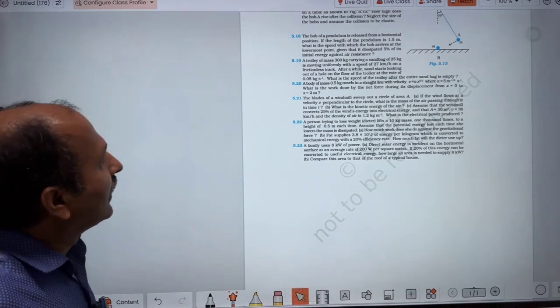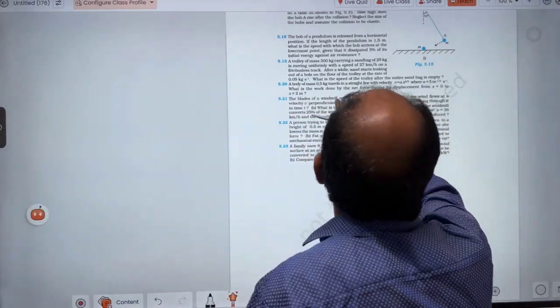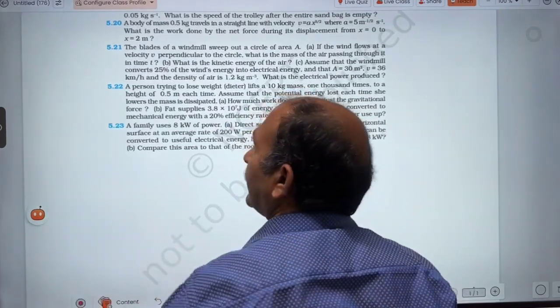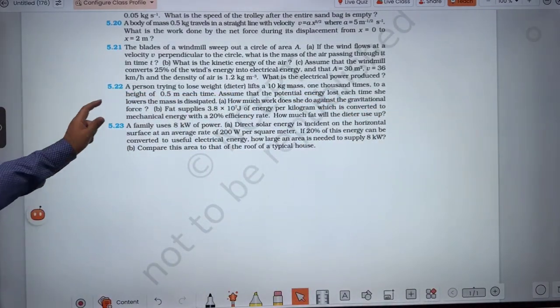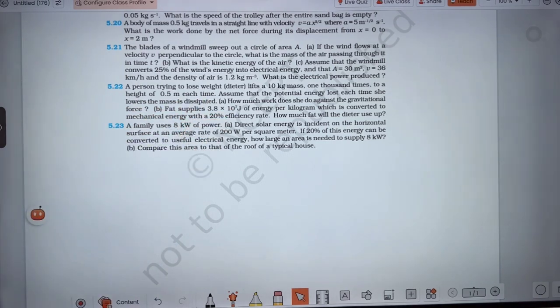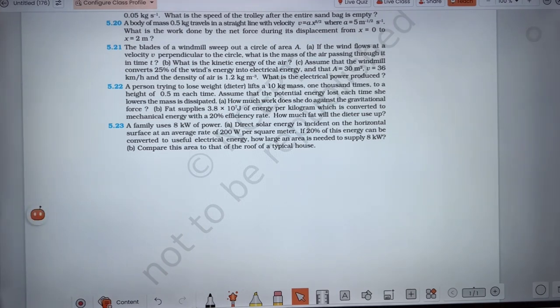Now let's take the next question. What is the next question? The next question says, a person trying to lose weight, a dieter, lifts a 10 kg mass 1000 times to a height of 0.5 meter each time.